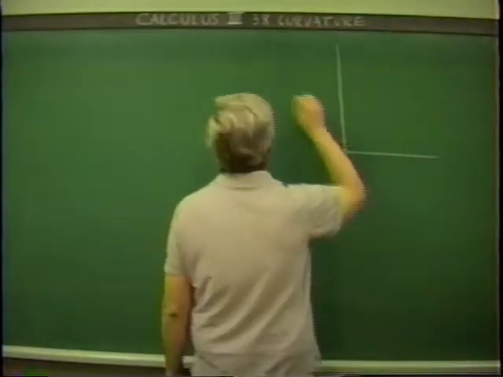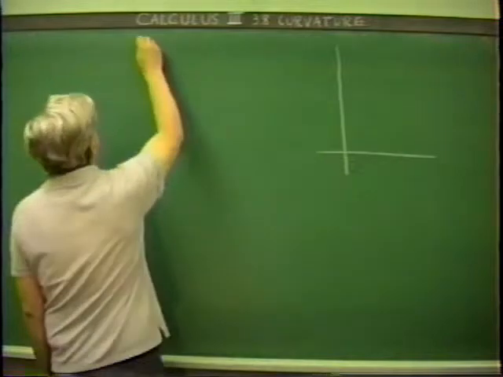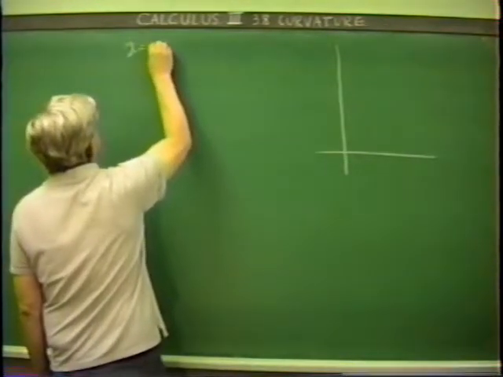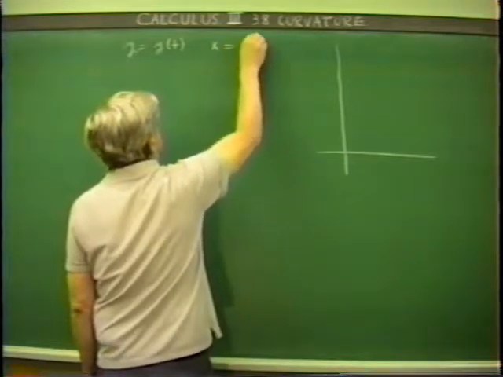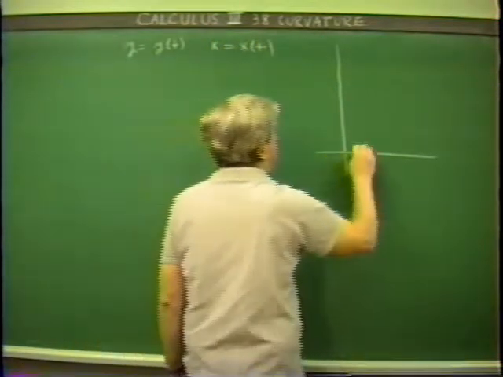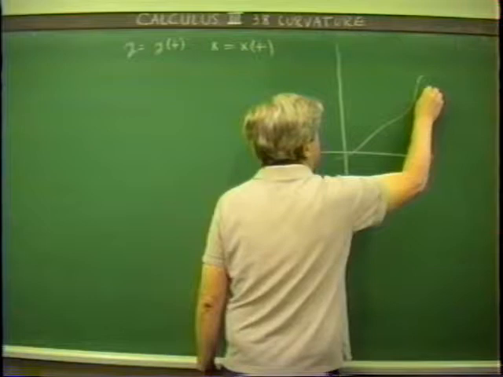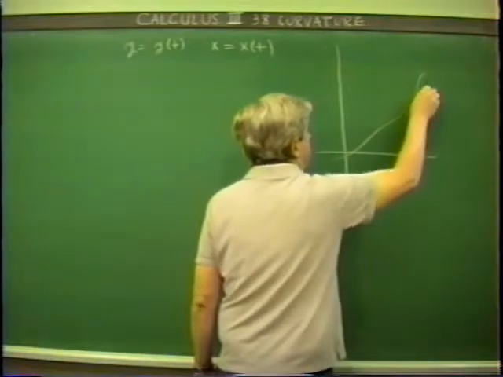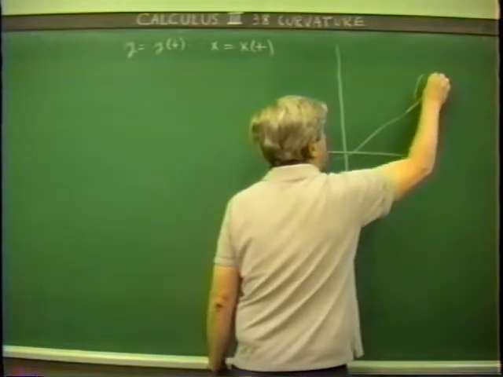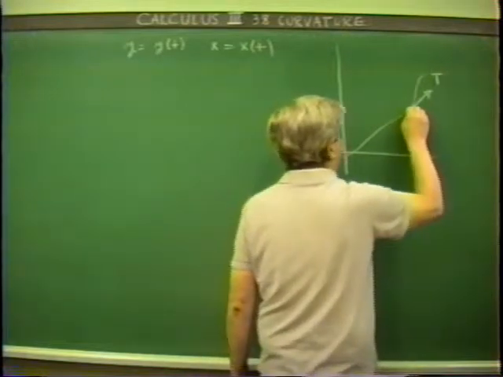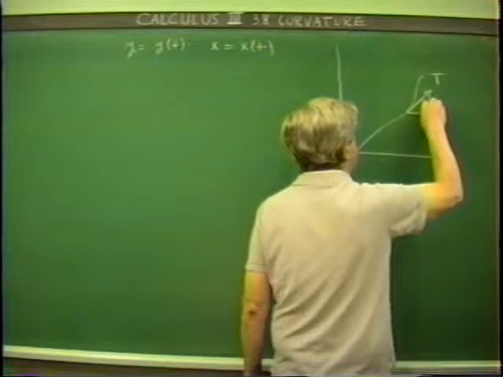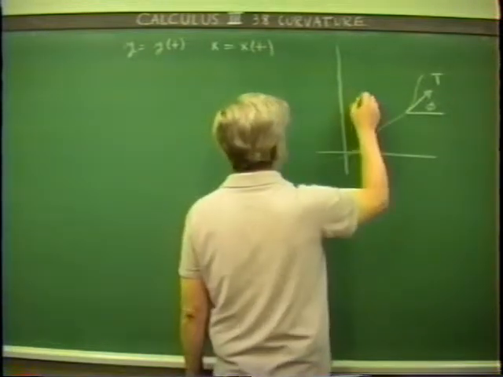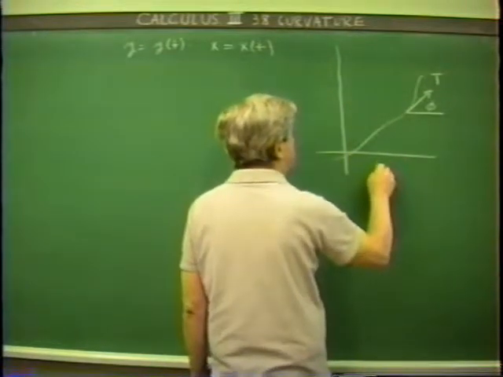Curvature, now still in the plane. If we've got a curve defined by y as a function of t and x as a function of t, and it goes something like this, then this is a tangent vector here, and this is the angle phi.